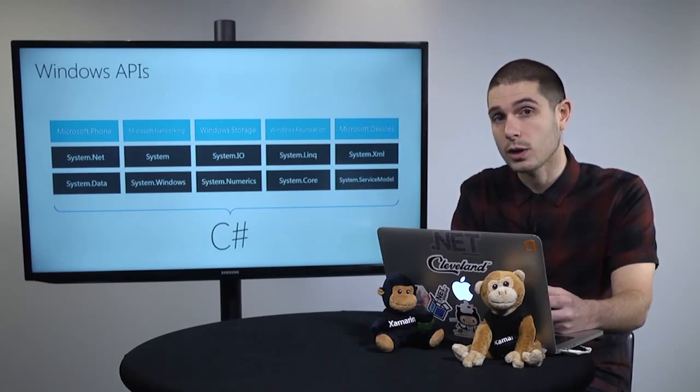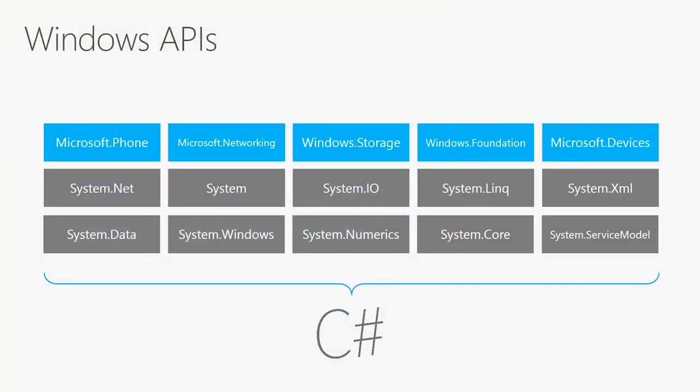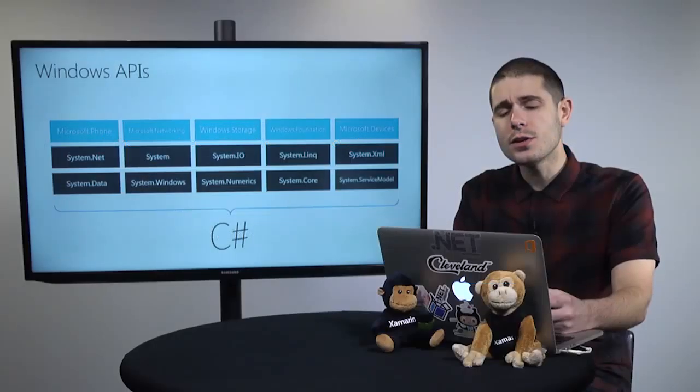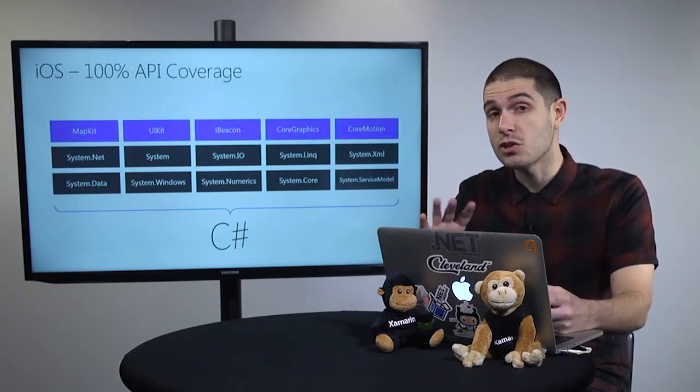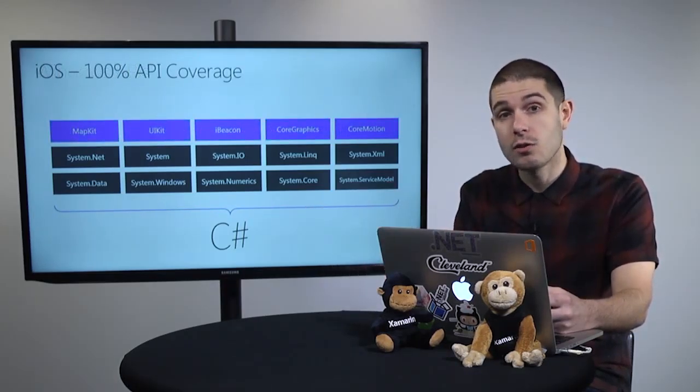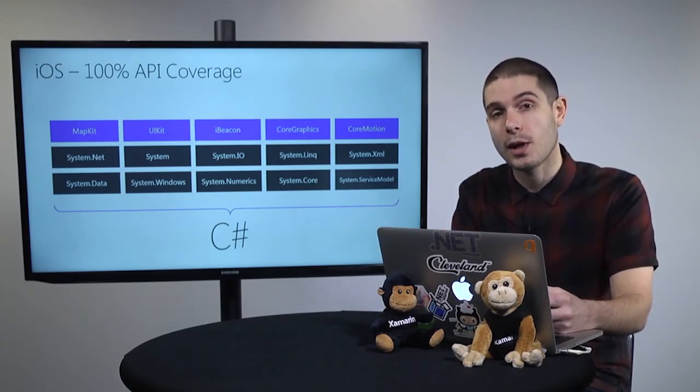So storage, networking, foundation, things that are specific to that platform or to that hardware. Maybe you are accessing geolocation on a Windows 10 mobile device. You can think of it exactly the same when you want to go to iOS or Android using Xamarin. You get all that .NET goodness on the bottom, all available to you to be shared across your platforms.